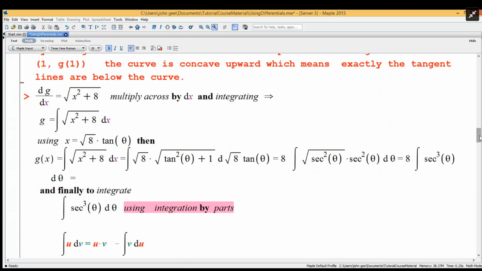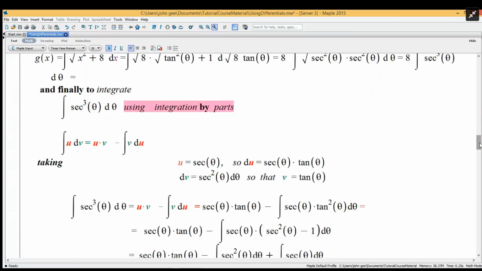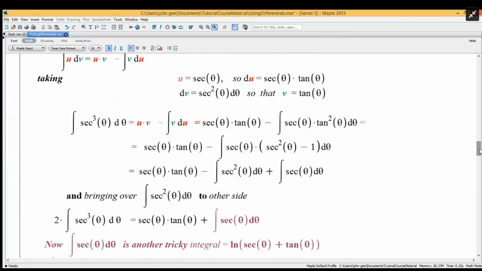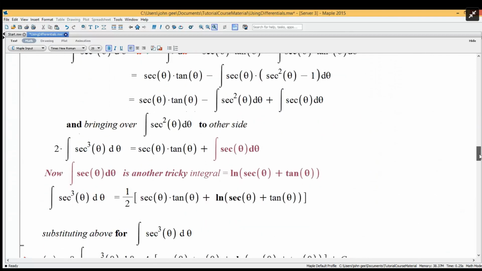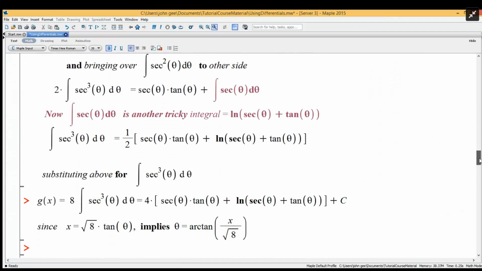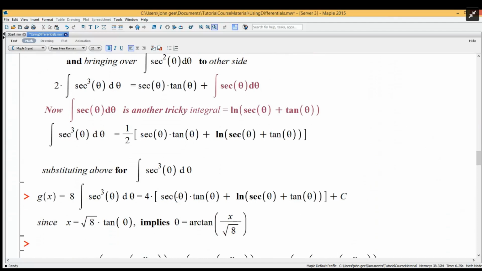The final result, if you're still with me here, is that g of x involves secant of theta times tangent of theta, where the relation between theta and x is given by the original substitution: x equals square root of 8 tangent of theta, so theta equals arctan of x over square root of 8.